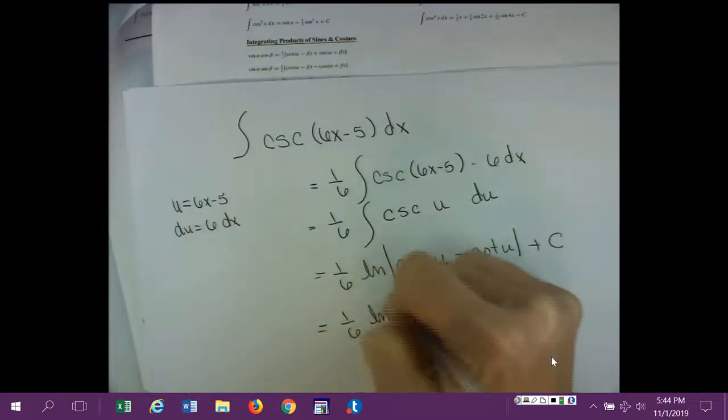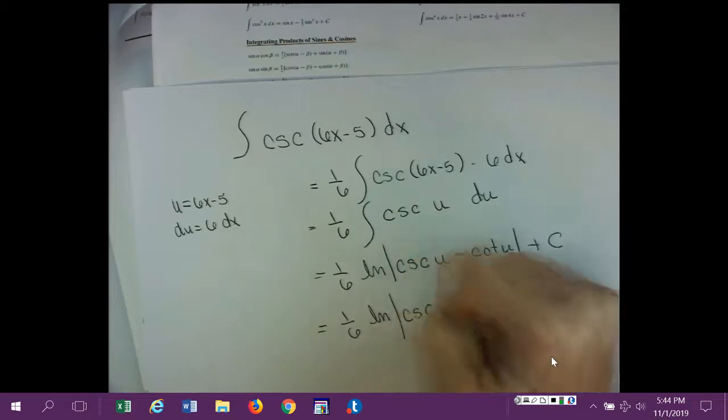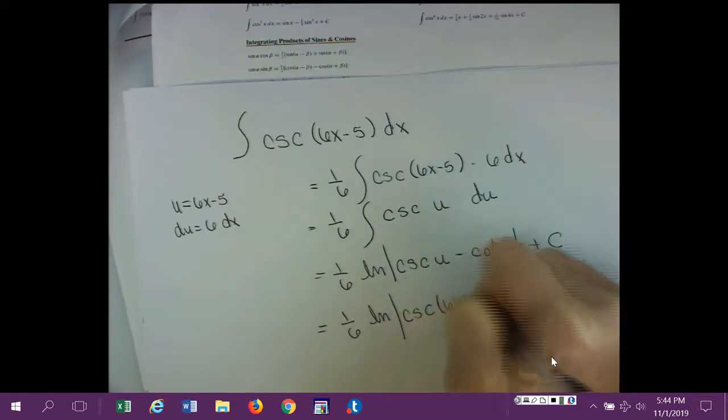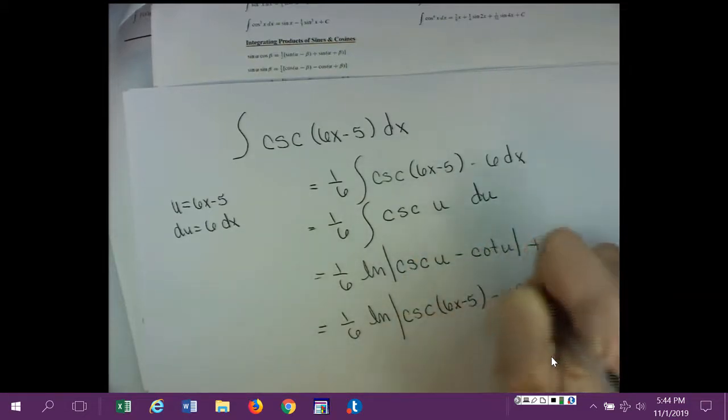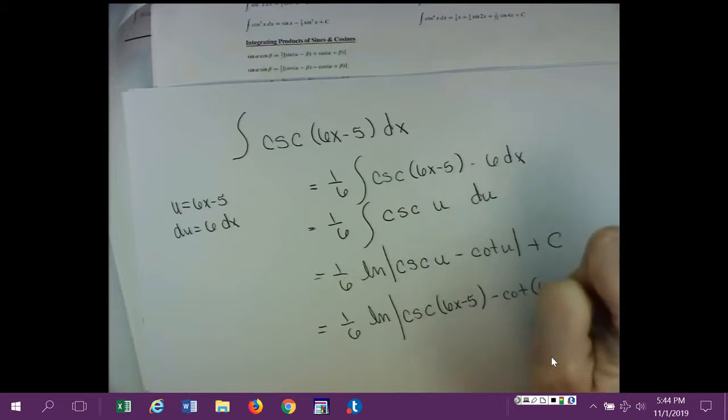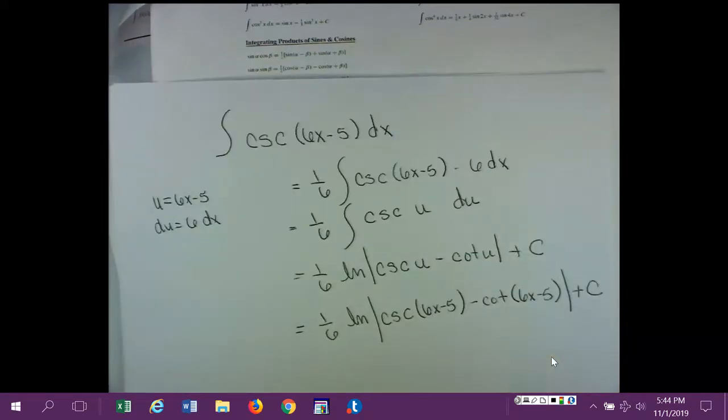So this is going to be cosecant of 6x minus 5 minus cotangent of 6x minus 5 plus c. And that's how simple it can be. You don't have to derive the formula for cosecant u. You could just look it up as a blue box special or a formula and then go from there and give your final answer for this particular problem.